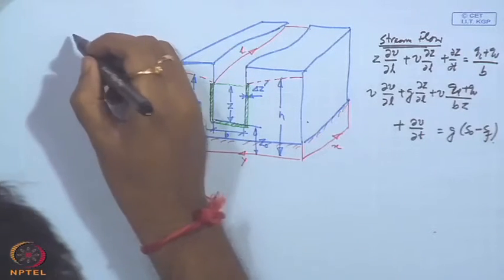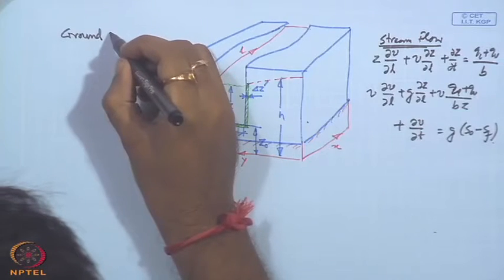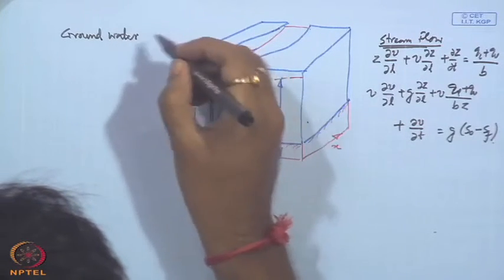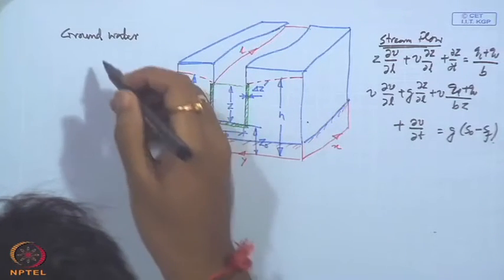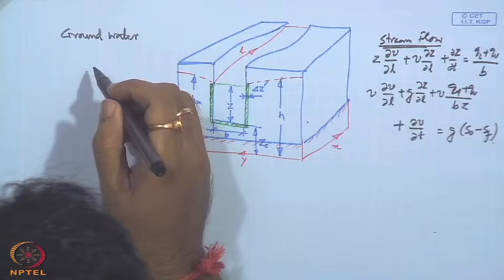Now, we need to write the equation for groundwater flow. So, groundwater flow in unconfined aquifers will have a different form.